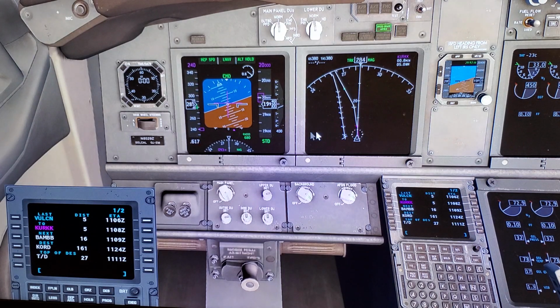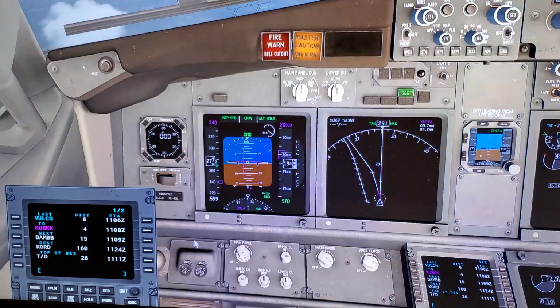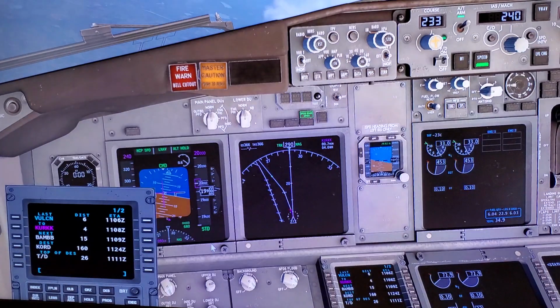So my speed is set as I start descent. I have 26 nautical miles.